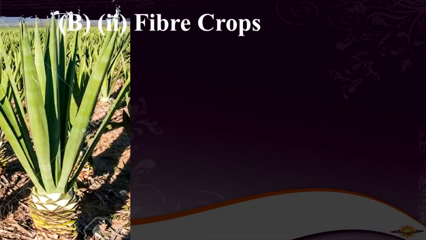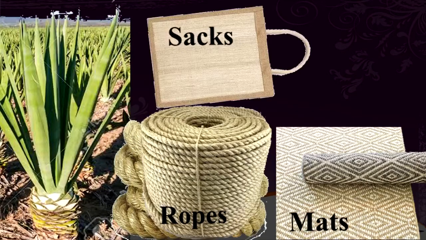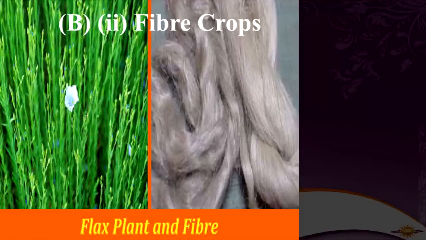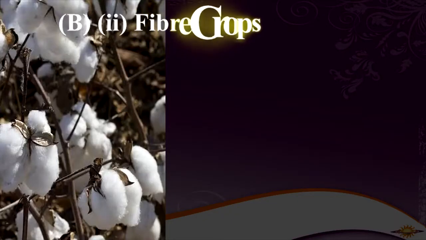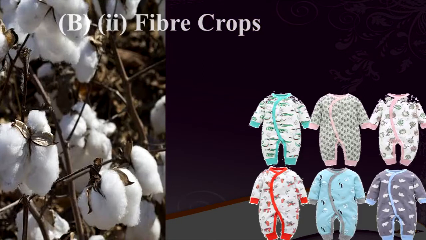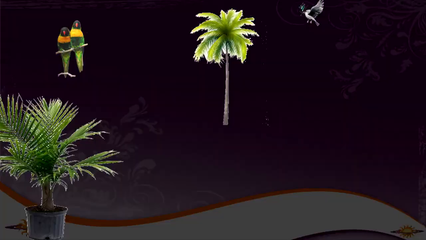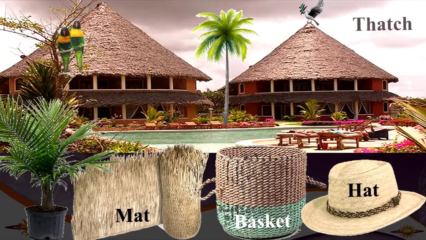Sisal makes ropes, mats, sacks, and baskets. Flax makes linen clothes. Cotton makes cotton clothes. And the palm makes mats, baskets, hats, thatching materials, the so-called makuti.